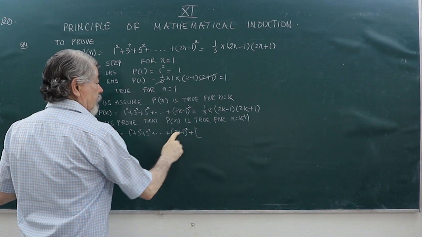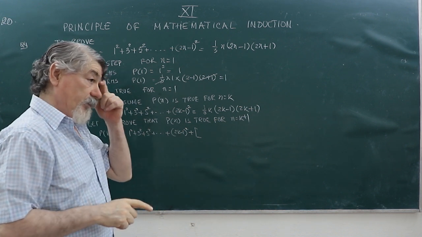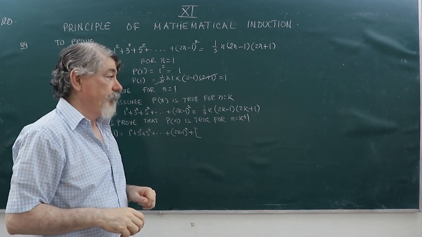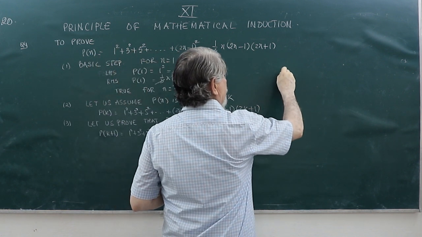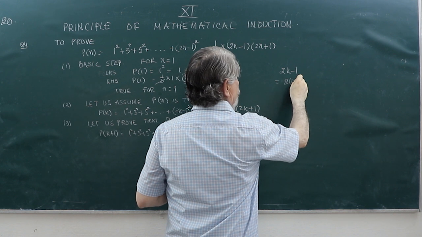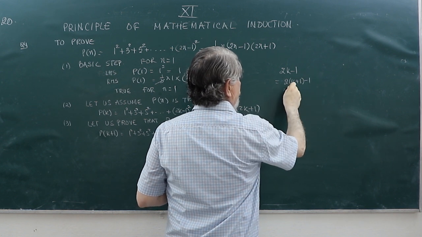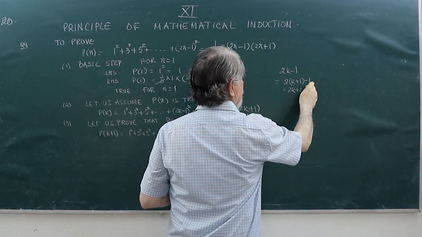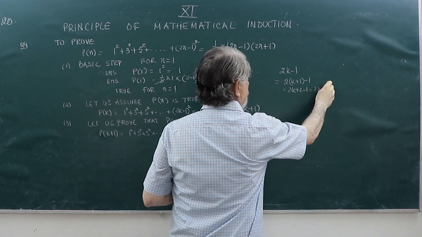k will be replaced by k plus 1. So 2k minus 1 will become 2(k plus 1) minus 1. It will become 2k plus 2 minus 1, that is 2k plus 1.